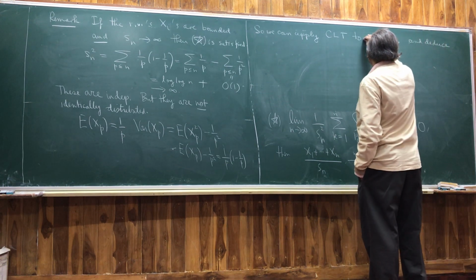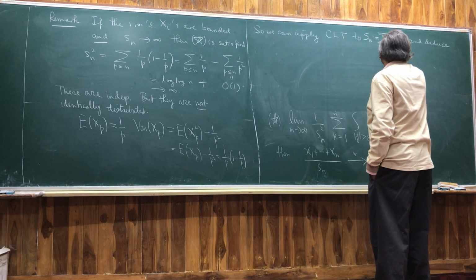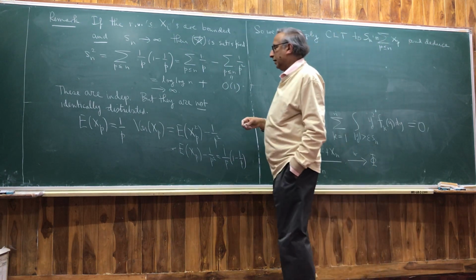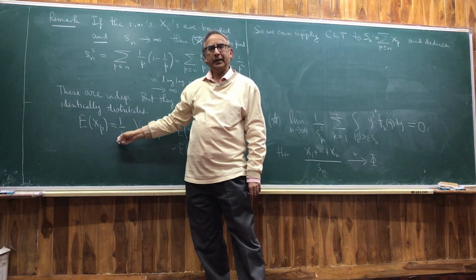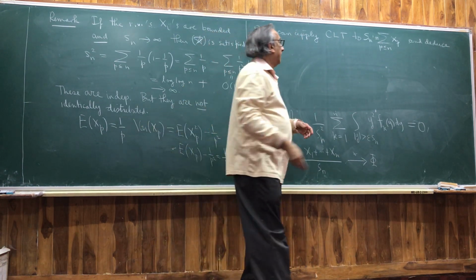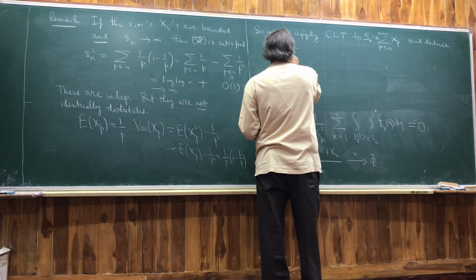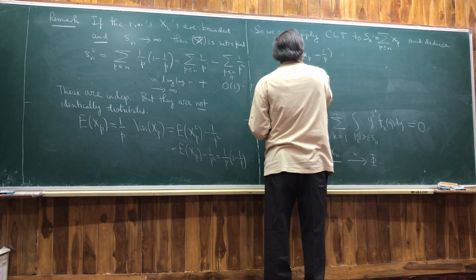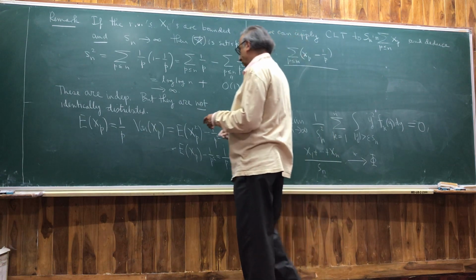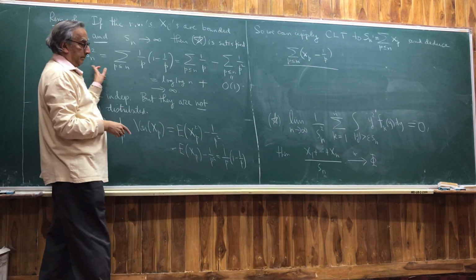Let's call this Sn. Deduce that we have to subtract off 1 over p to make the mean 0. To deduce that the summation over p less than n of Xp minus 1 over p, divided by Sn, because that's the theorem.